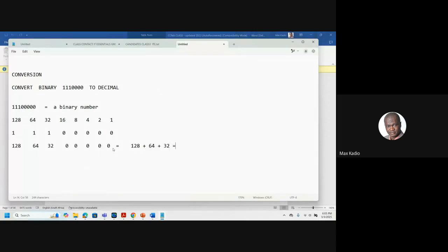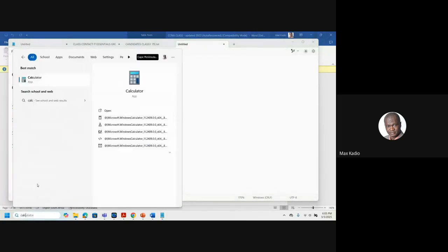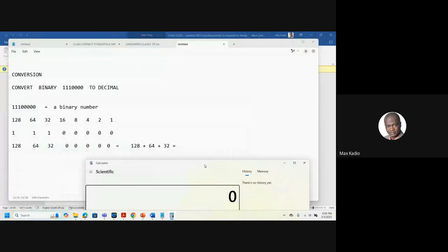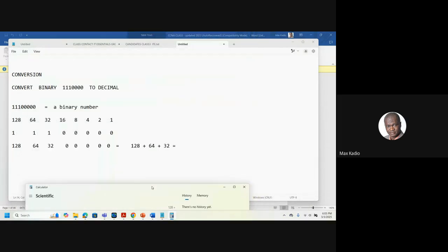You take your calculator. So 128 plus 64.